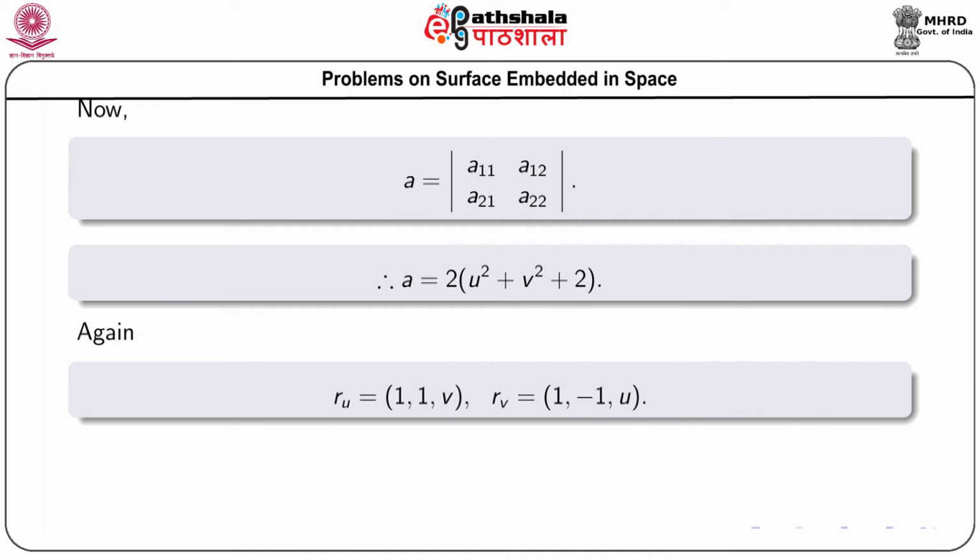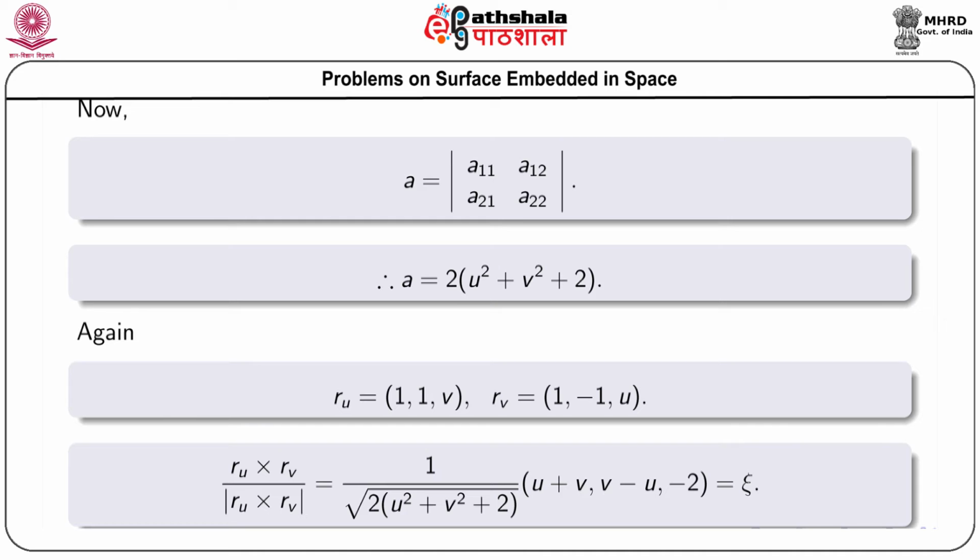Again, Ru, that is the partial derivative of r with respect to u, is coming to (1, 1, v), and Rv, that is the partial derivative of r with respect to v, is coming to (1, minus 1, u).